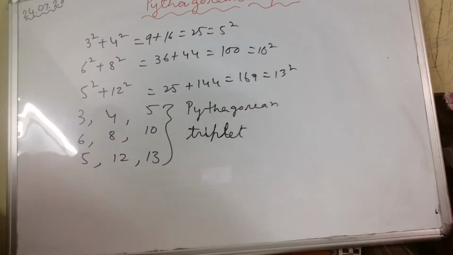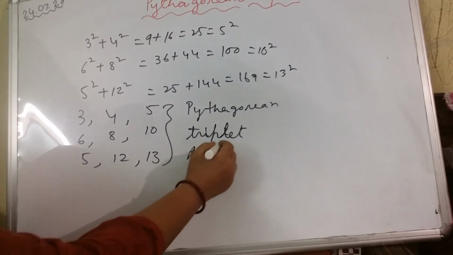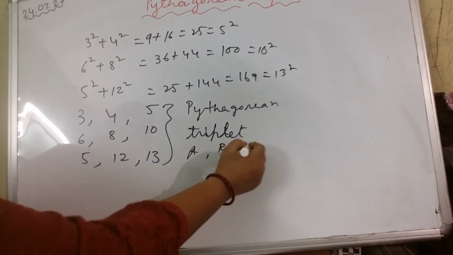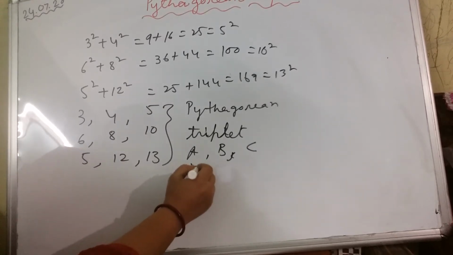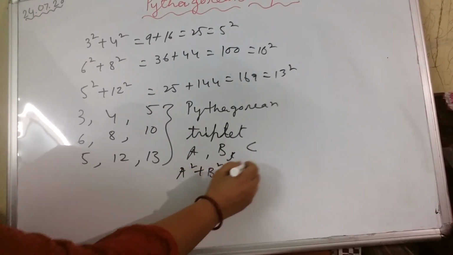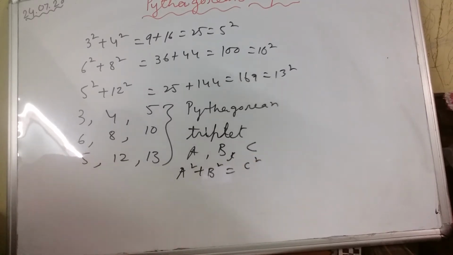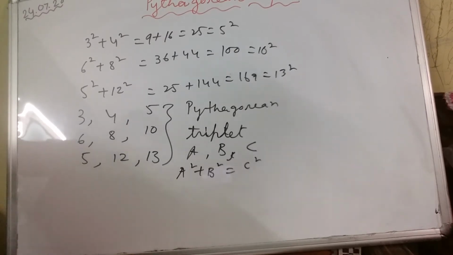So what we can say is, Pythagorean triplets are any three whole numbers, say a, b and c, where you can write a square plus b square equals c square. Okay. Generally we use this to find the angle of a right angle triangle, and we use this to find the side of a right angle triangle.